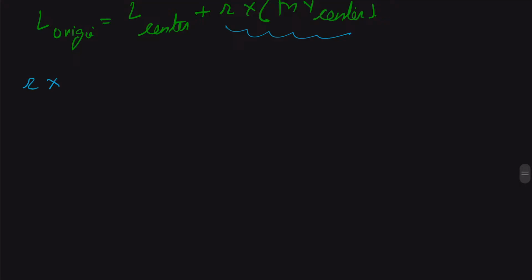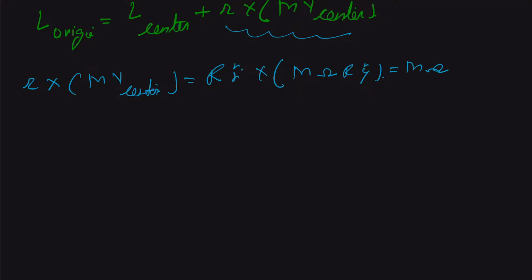So r is r x unit vector, and the velocity of the center is m omega r y unit vector. So this gives us m omega r square, and the cross product is our z unit vector.